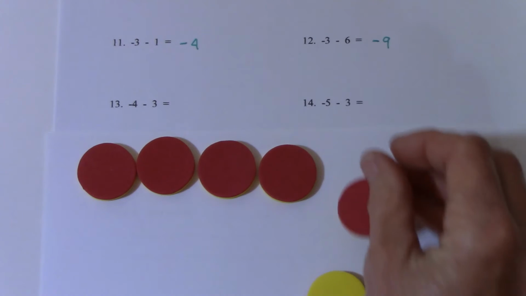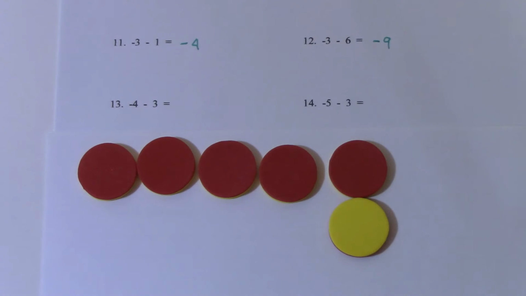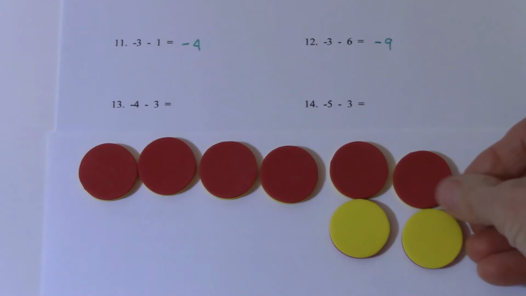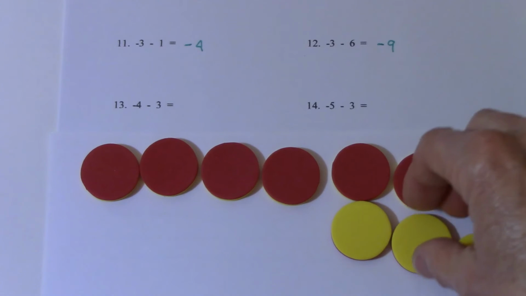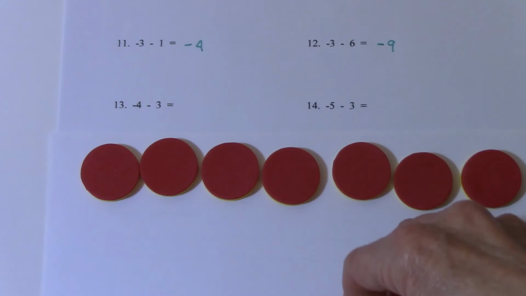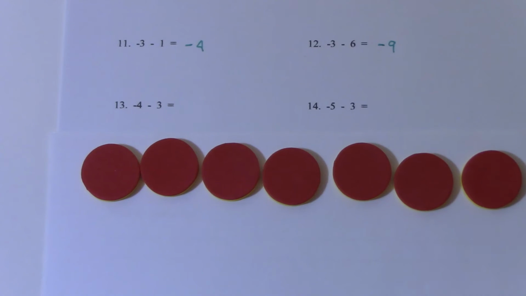Very good. So I'm going to have 1, 2, 3 0 pairs. Now here's my 3 that I can remove, and I'm left with 7 negatives.